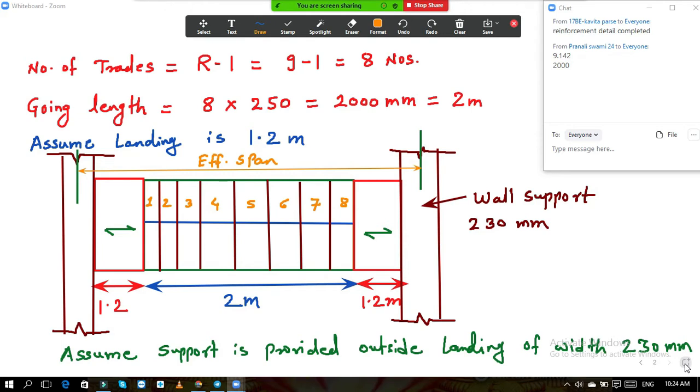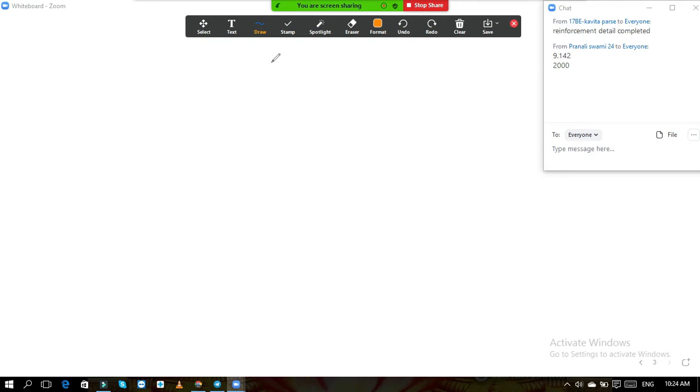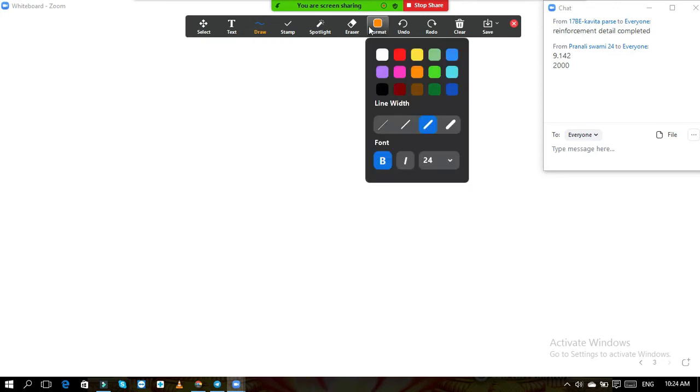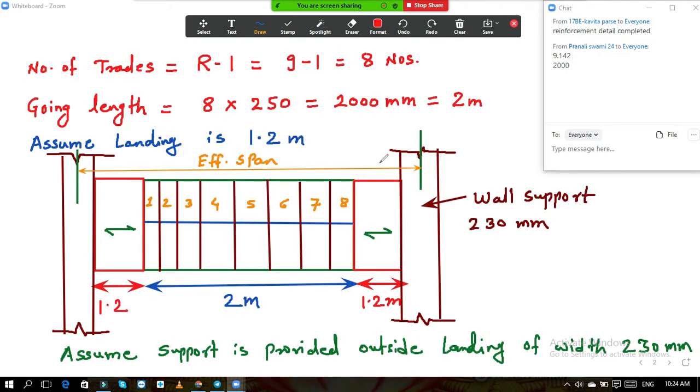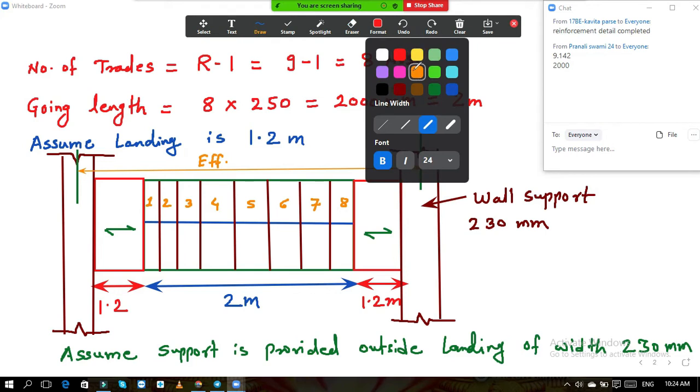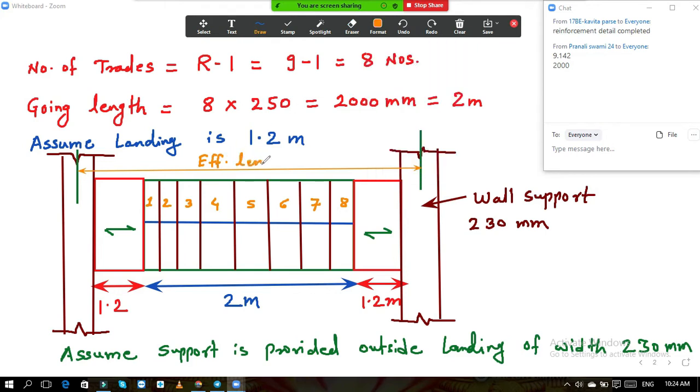So now we will calculate the effective length. In the previous slide, effective length means span. So here I should write effective length.